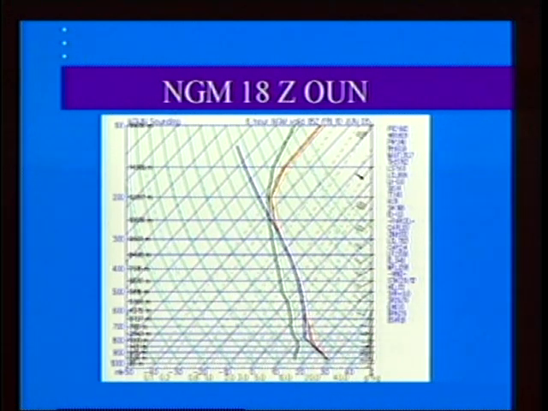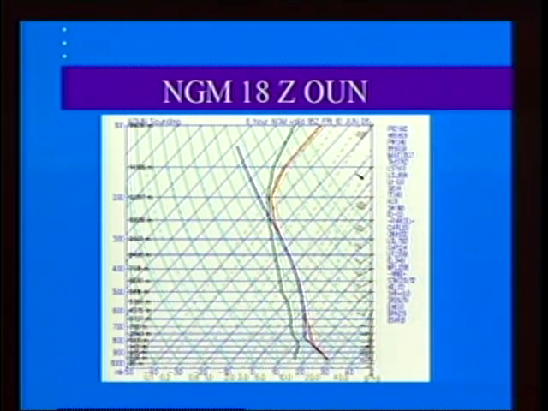And then the last one is the NGM, and this is the sounding that looks significantly different from the others. On this one, the CAPE value is only 20 joules per kilogram, and the cap is 2.4, so the instability profile looks very much different in the sounding.